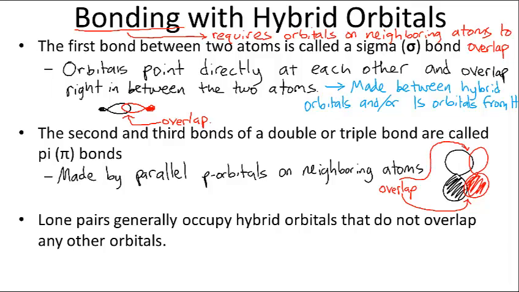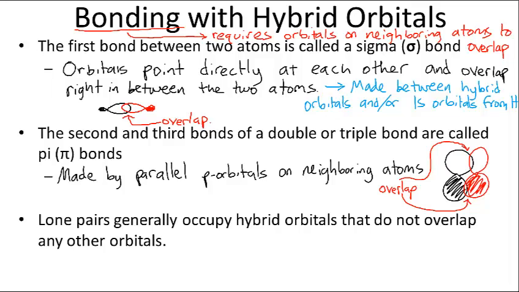Here, the two orbitals are overlapping in two different regions, but notice they don't overlap directly in between the two nuclei. A pi bond sits above and below the two nuclei, but still sort of between them. So that's how we make bonds using the orbitals in a hybridized atom.